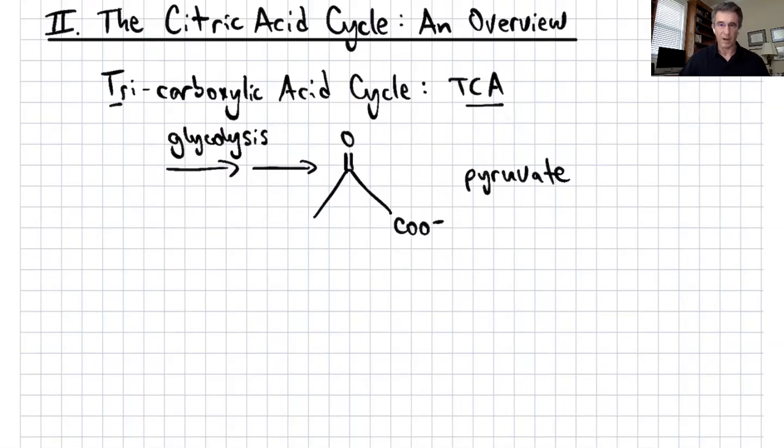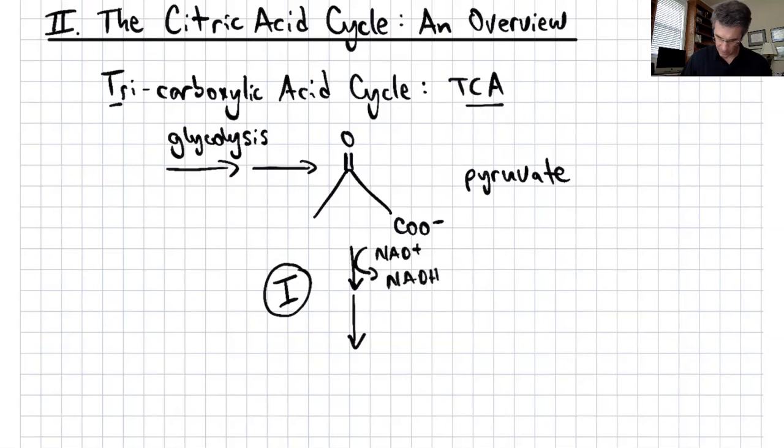The first phase of this cycle, what I'm going to call phase one, is a set of steps that actually happens in one complex, which we're going to see in the next set of descriptions. In phase one, we're going to take some NAD plus to create some NADH, and we're going to drive some CO2 off of pyruvate to generate one of those activated carriers that we were talking about last time.